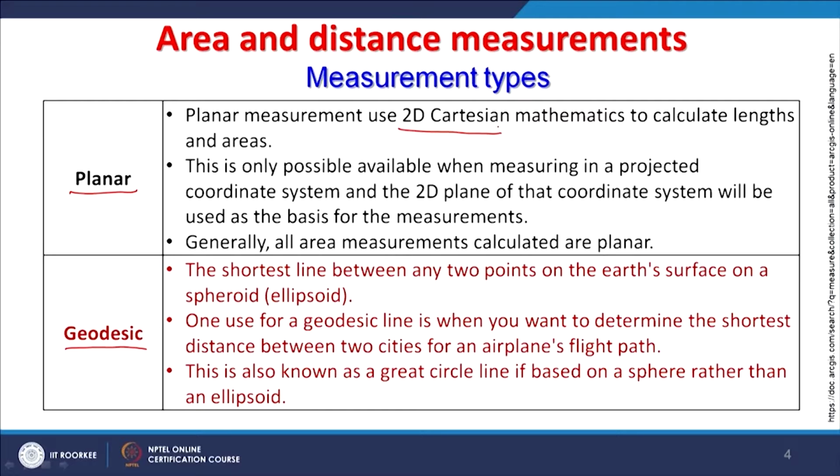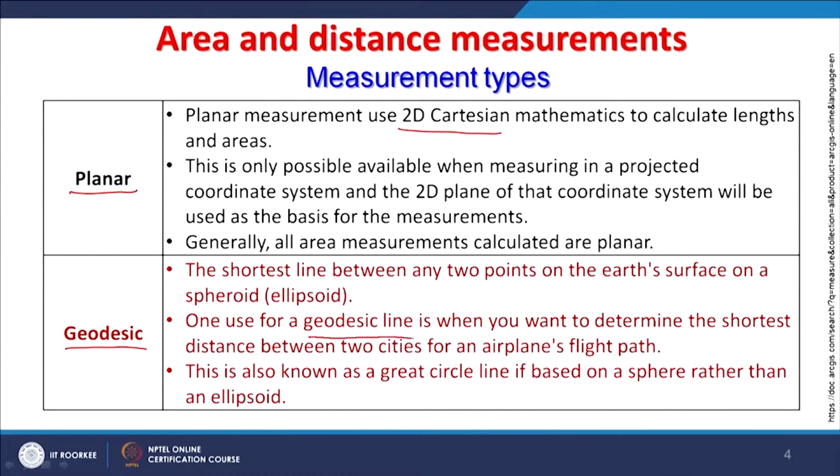But when we go for 3D, for geodesic measurements or 3D measurements, things become a little complicated. Especially in hilly terrain, if somebody is using a digital elevation model or even a satellite image of a hilly terrain, then one has to take care while doing the area measurement, whether it is a planimeter measurement or a terrain measurement.